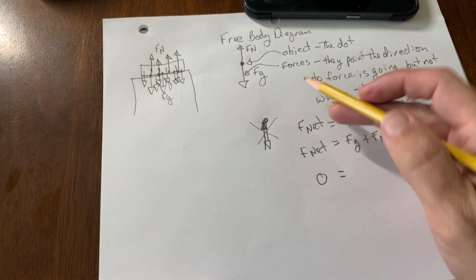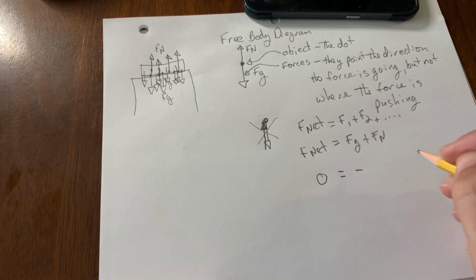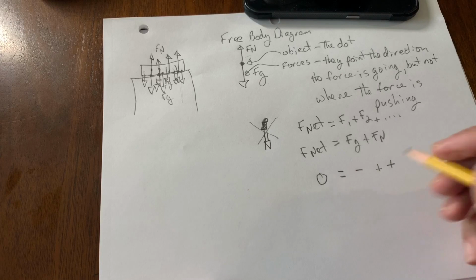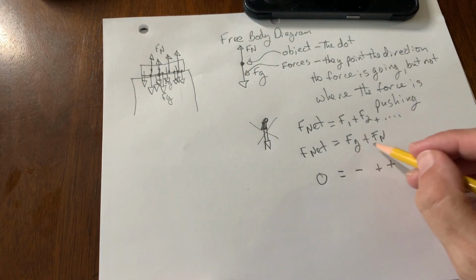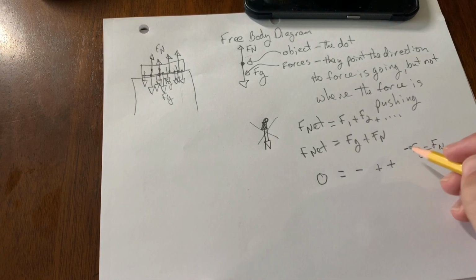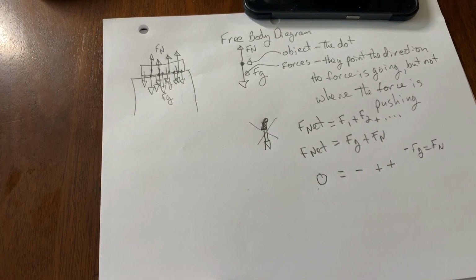The force of gravity is in the negative direction and the normal force is in the positive direction. They're equal, but one is a negative number, and when you add them, they cancel out. The net force is going to be 0.